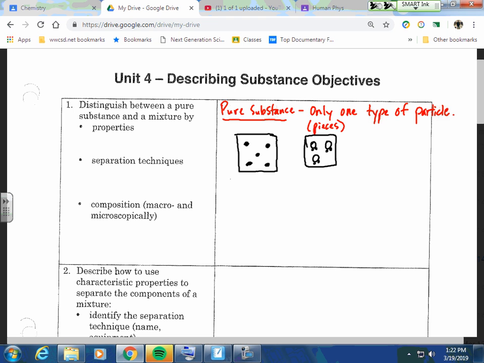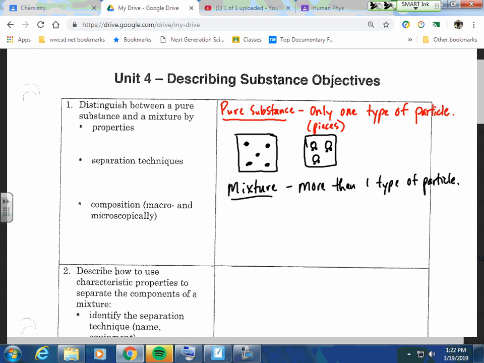Now, mixtures have more than one type of particle.